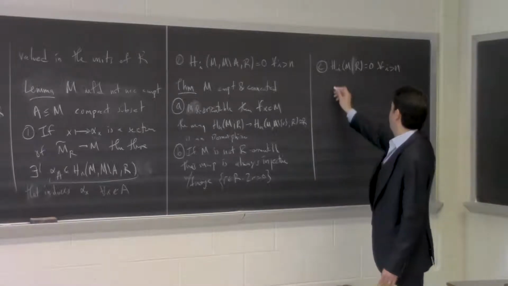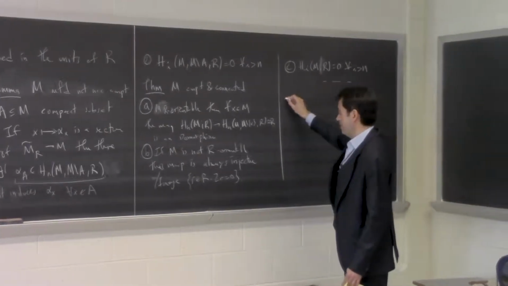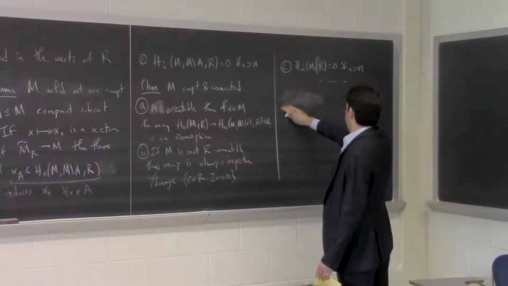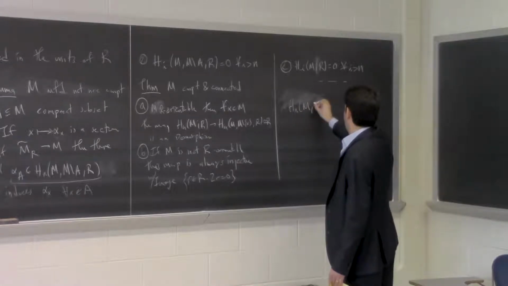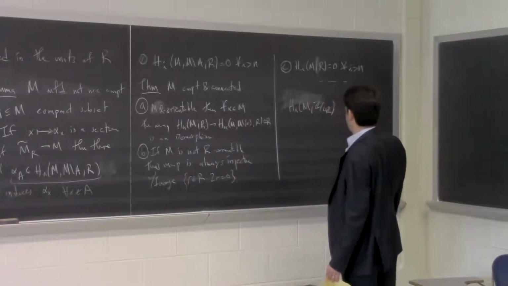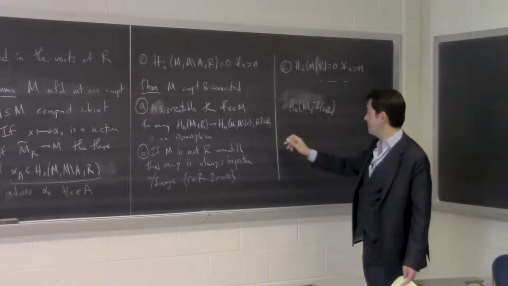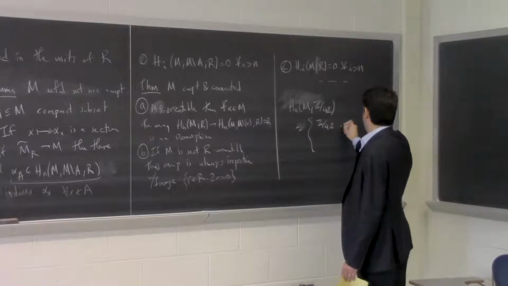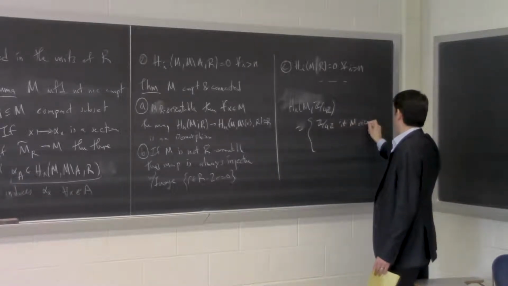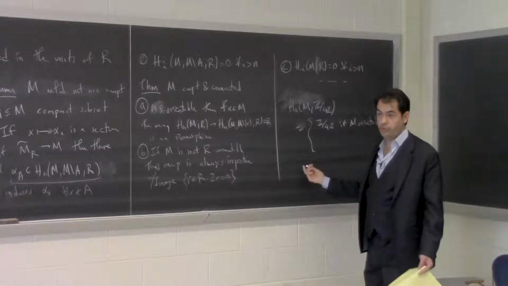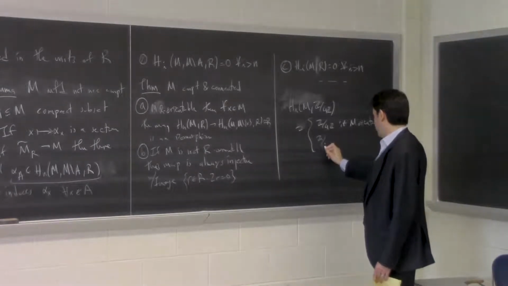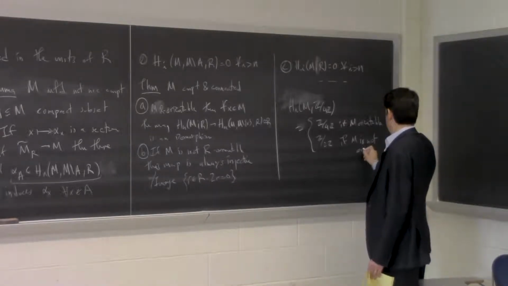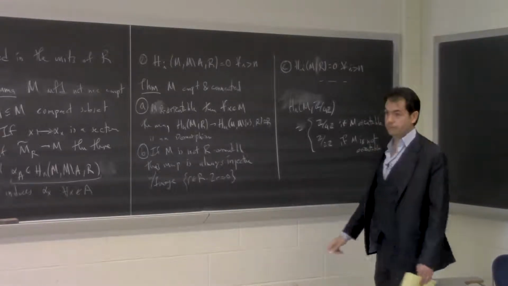And so, in fact, the correct statement for Z mod 4 is, let's write the top homology with coefficients in Z mod 4, assuming that M is compact and connected, is either Z mod 4 if M is orientable in the usual sense over Z, and if not, it's 2Z mod 4.